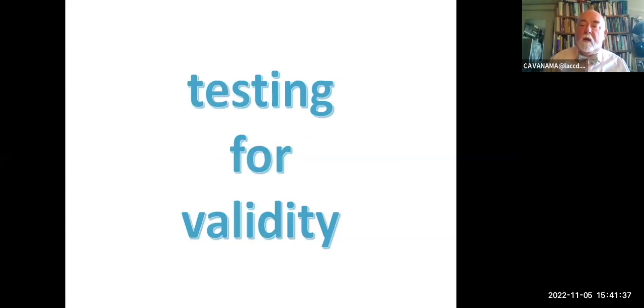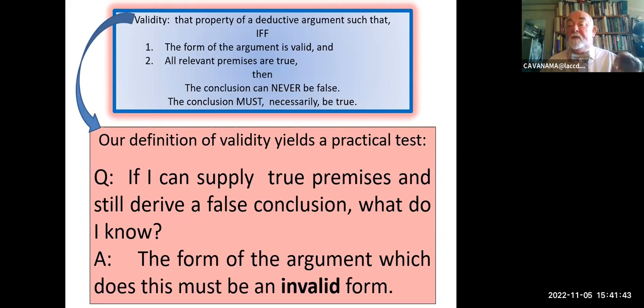Don't. Okay. Validity. How do we discover validity? Well, there are tests we can do, as it turns out. And the main test we can do follows directly from our definition of what validity is. Let's review that again. Validity is that property of a deductive argument such that if the form of the argument is valid and all relevant premises are true, then the conclusion can never be false.